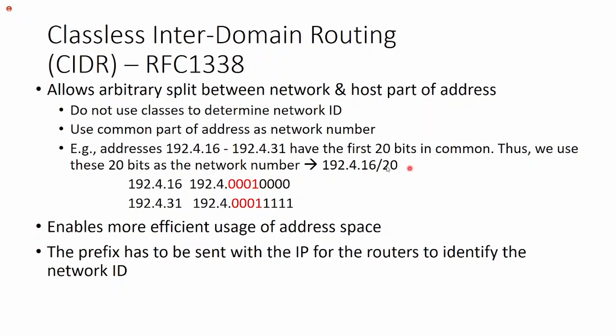That is the meaning of this: 20 means you are using 20 bits for the network. So for 192.4, your subnet mask will be 11111111 11111111 1111. From this, the computer can understand the subnet mask length.